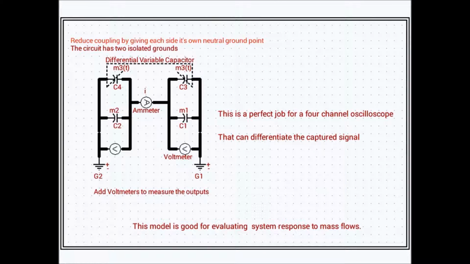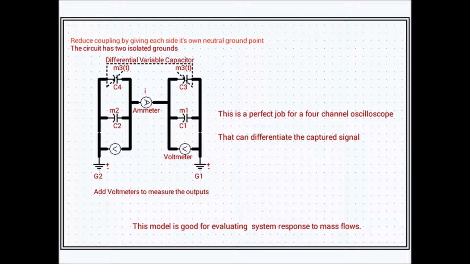This model is good for evaluating the system response to mass flows. So you may not even want to include the force in all of these experiments. You may want to find out what happens when you just rotate the knob on the differential variable capacitor to move the equivalent mass from here to there, and from there to there, back and forth.